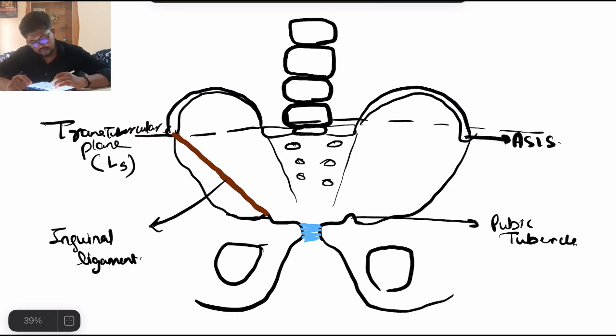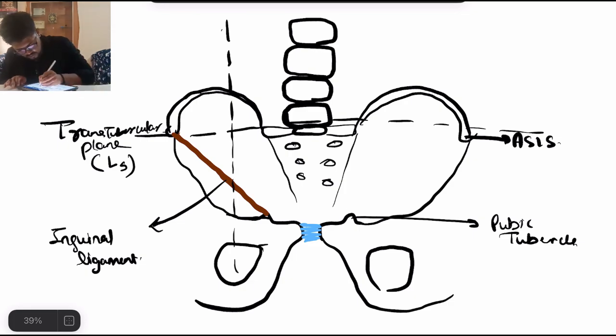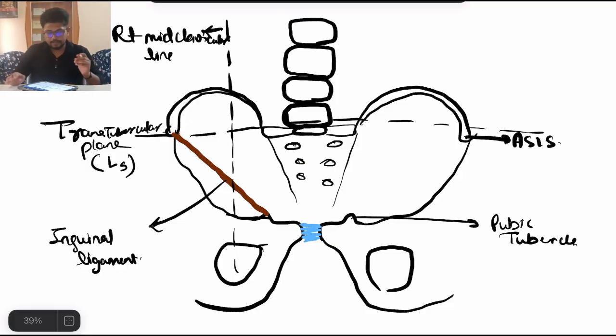And from the right mid clavicular point we will make a line vertically. So this is the right mid clavicular line, or you can say right lateral line.